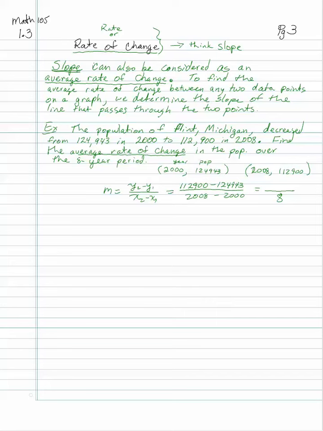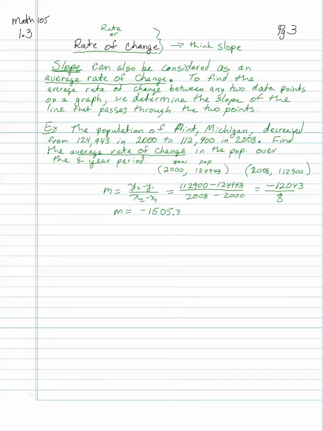And then we have to subtract the top two numbers. And that's negative 12,043. And then divide that by 8. And we get negative 1505.375. And that's per year, right? The average rate of change per year.